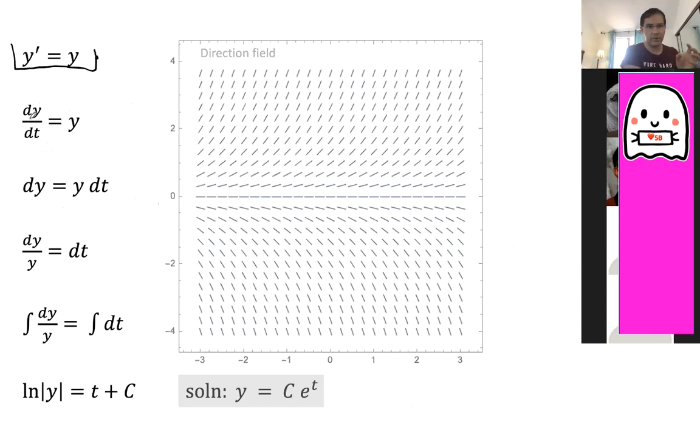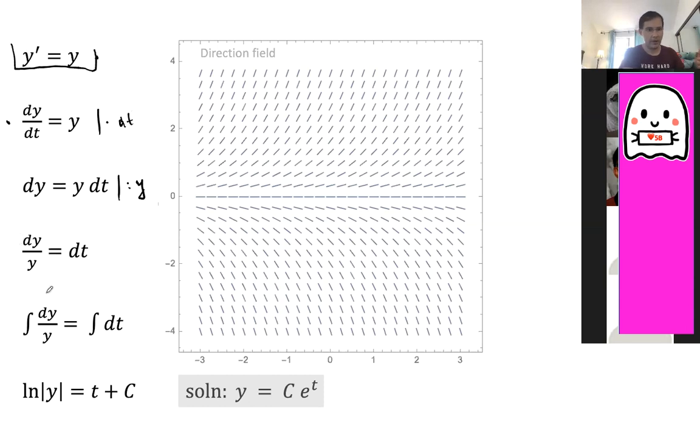Excuse me, what I did was I wanted to solve this because it's separable. So I said dy over dt, the derivative of the function y with respect to t, is equal to y. Then we multiplied formally both sides of this equation by dt, and we get dy equals y dt. Then we divided both sides by y, which gives dy over y equals dt.